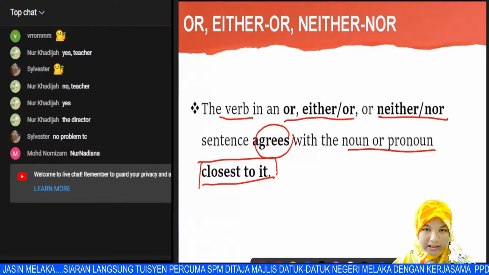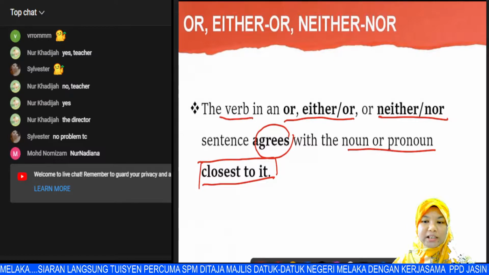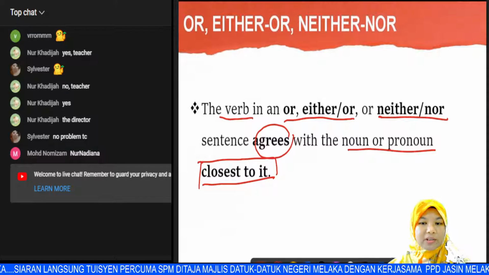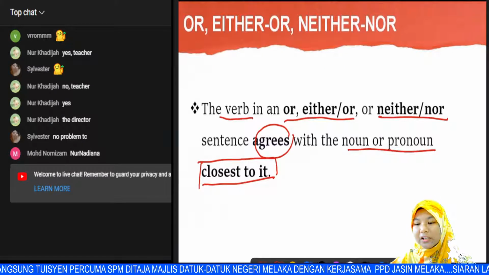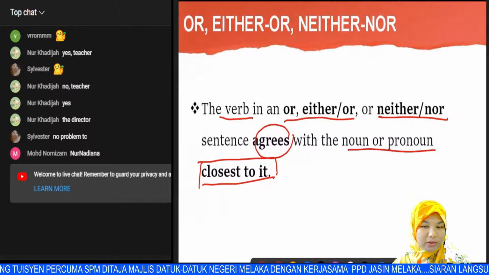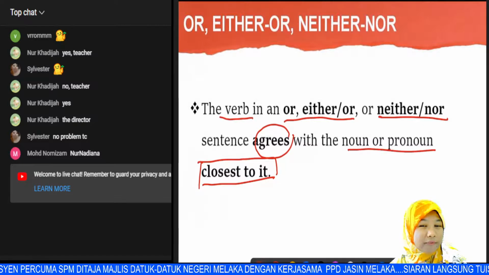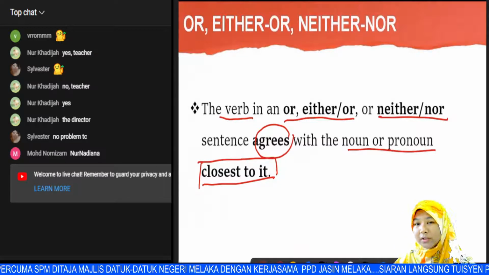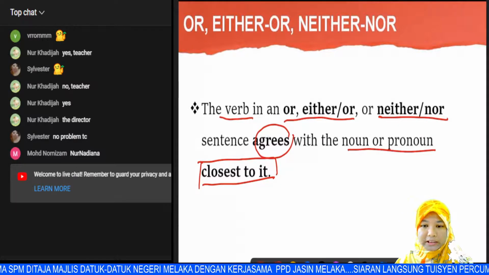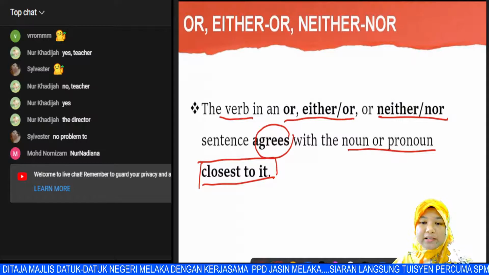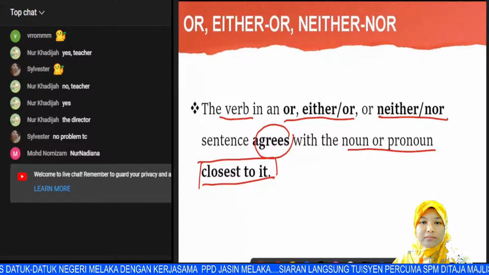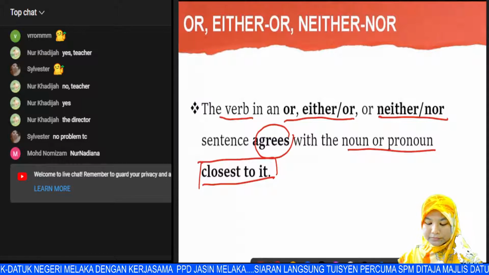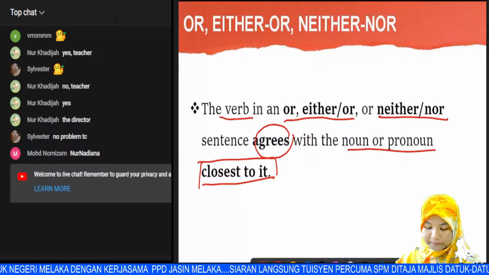When it comes to that, you need to consider which subject is closest to the verb. If the singular subject is closest to the verb, you use a singular verb. And if the plural subject is closest to the verb, you use a plural verb. Let's see some examples.